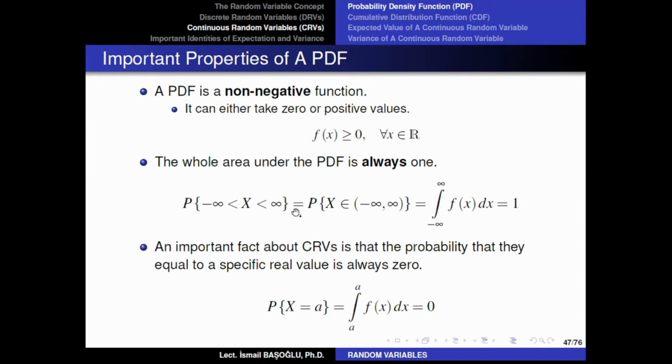And how do you calculate this probability? By integrating the PDF from minus infinity to plus infinity, obviously. And if this probability is equal to 1, then this means the total area under a probability density function must always be equal to 1. Please remember this. The total area under this probability density function must always be equal to 1.